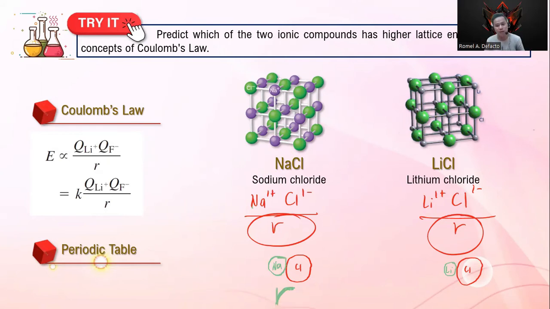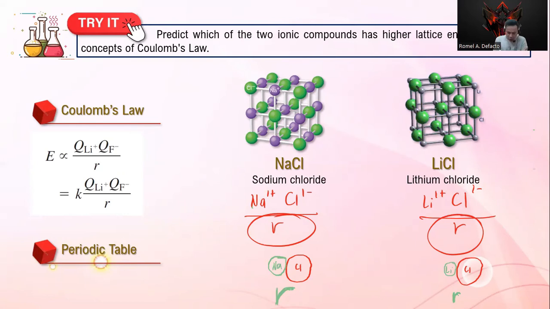Because the atomic radius of lithium is smaller compared to sodium. So allow me to put here a smaller R. Now, the question is, which of the two will have a higher value if we're going to divide that? Of course, it will be the lithium chloride.